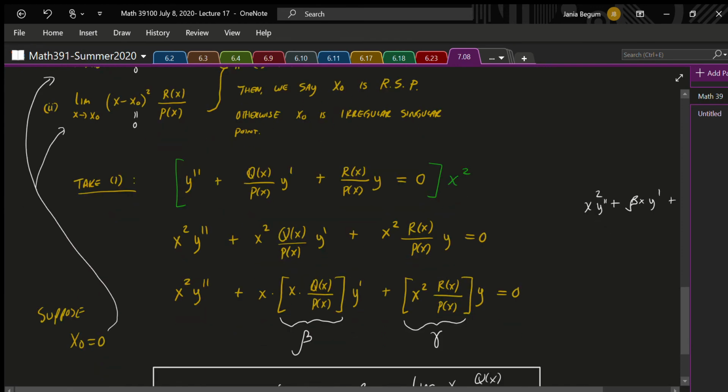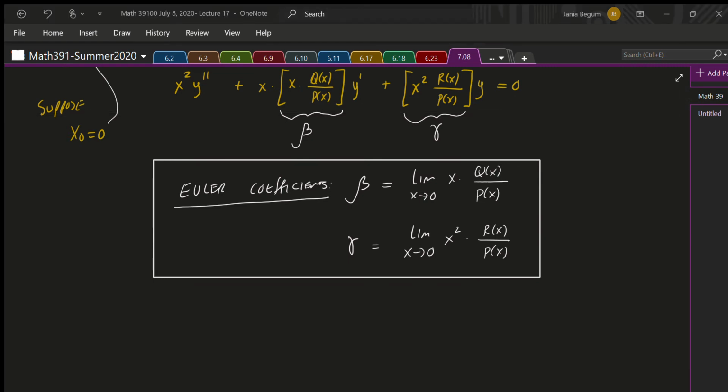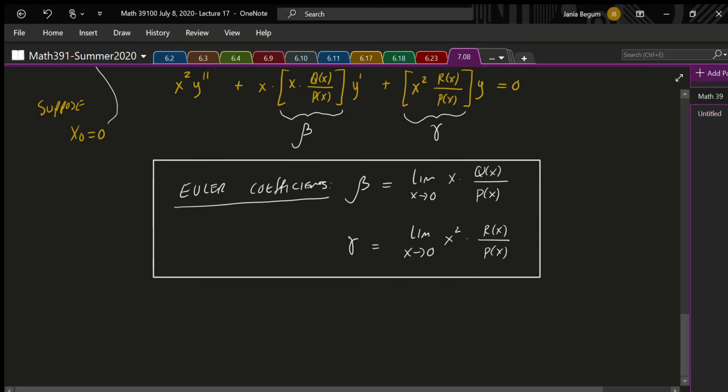So let's do an example. Stop me if you have a question. So let's find some singularities. Here's our first example: determine the singularities of the differential equation.